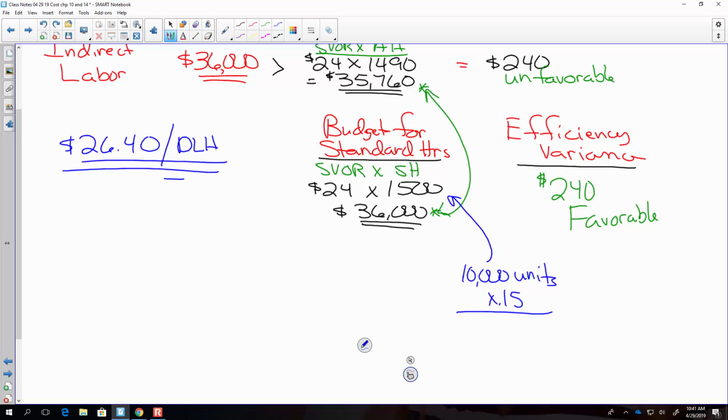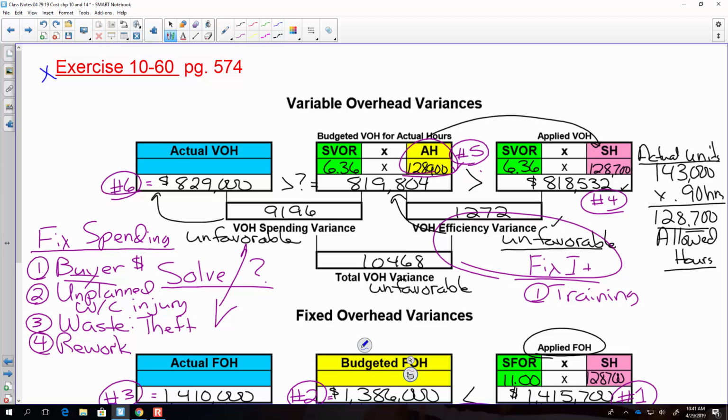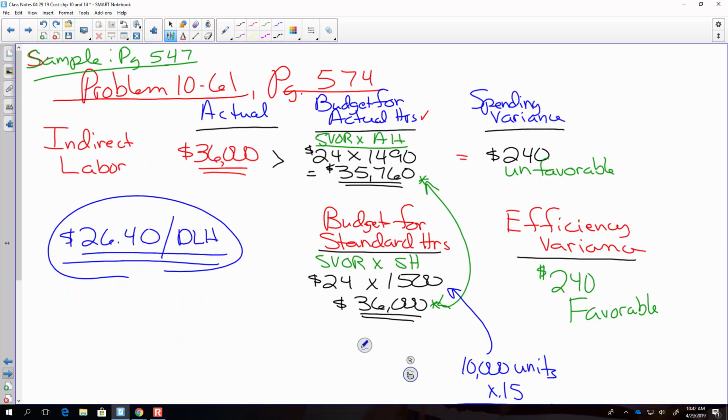Where do I use the 2640? If I had my template, I would put it where? No, it's the variable, right? The 2640 is actually this number. Why did I tell you that it was 24 over here? Just looking at labor, not supplies. We're just looking at indirect labor only, and not supplies.